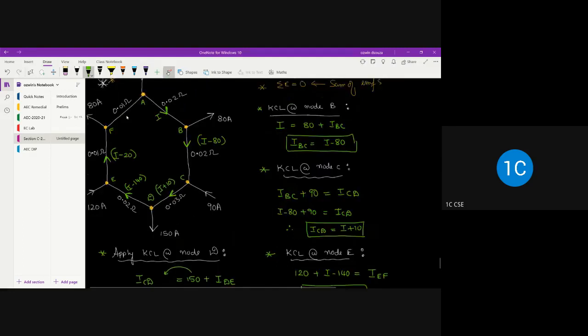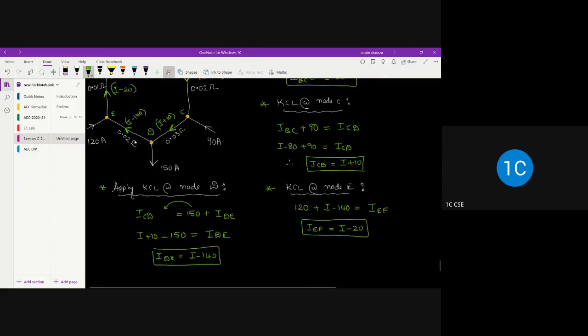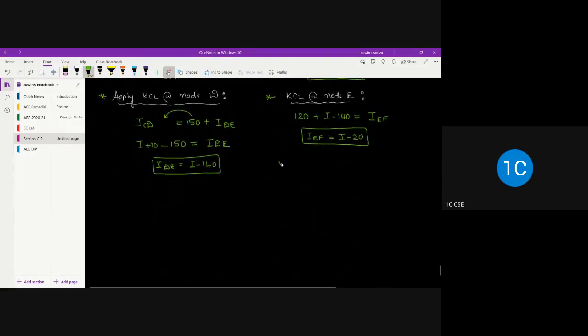Okay. And then finally, I am left with the KCL at node F. Since I have to scroll down, I'll not be able to see the figure. You'll have to help me out. So I'll write here KCL at node F. I cannot see the figure, that's the reason you have to tell me.